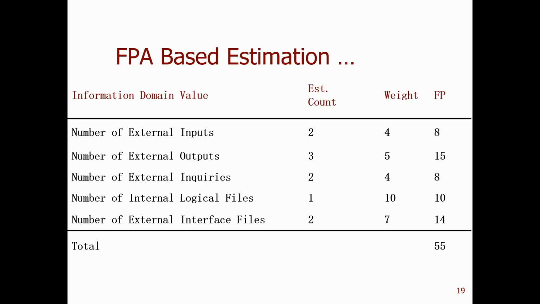After you have this, you bring them into this table and apply weights to each of them. I will specify the weight numbers you use. Your job is to count how many of them for each domain value, and I will specify the weights so that you can calculate the unadjusted function point.